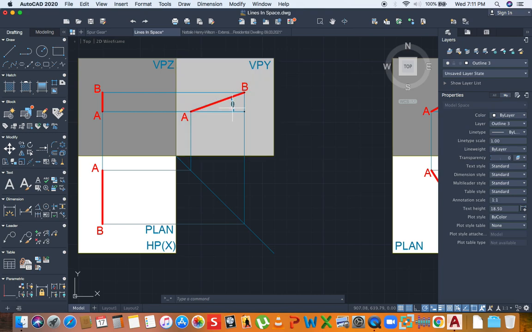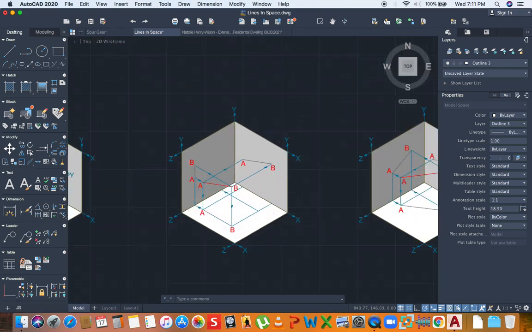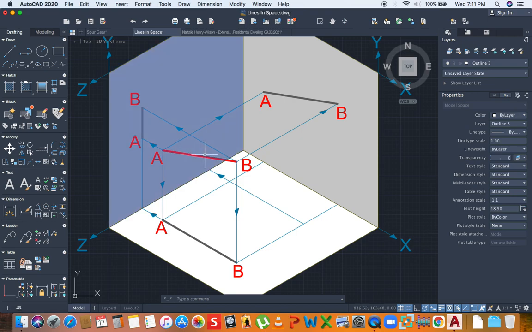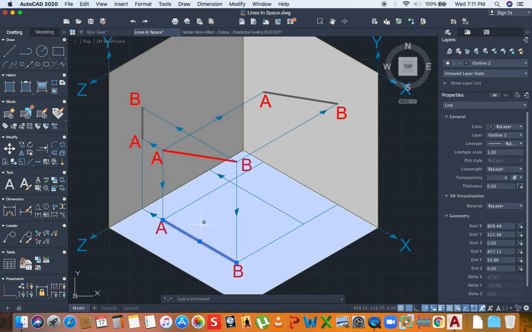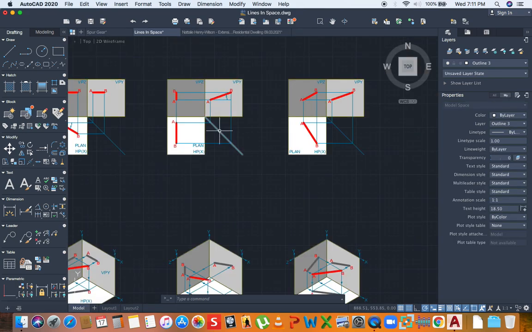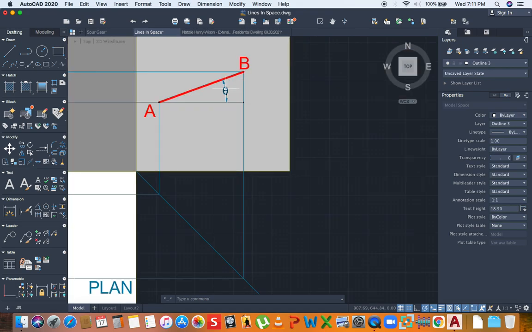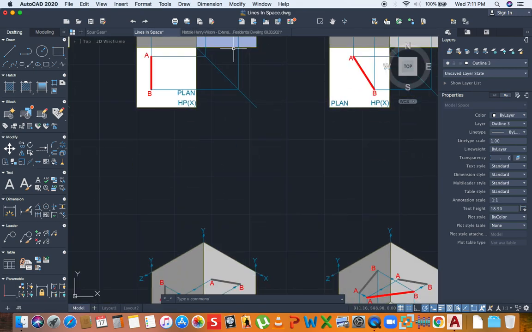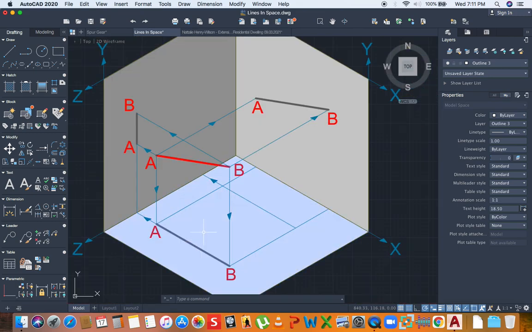So this line in space, let me show you something. It slopes 30 degrees to the horizontal axis, right? So it's on the vertical plane. It's sloping a particular degree to the horizontal axis.